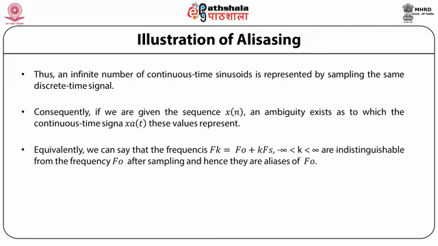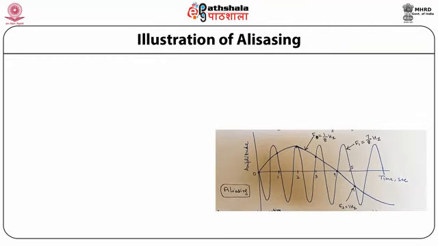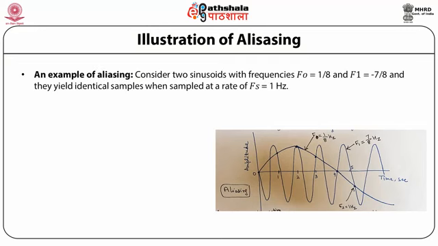Equivalently, we can say that the frequencies F_k equal to F naught plus k Fs, where k varies from minus infinity to plus infinity, are indistinguishable from the frequency capital F naught after sampling, and hence they are aliases of F naught.